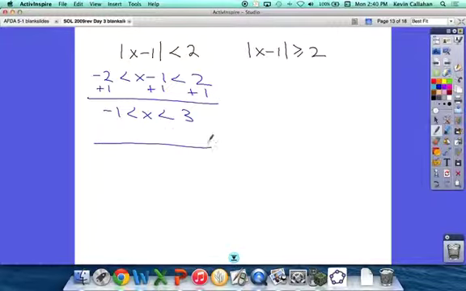Right? Now if I graphed it, we would have -1 on the left, +3 on the right. Would I use open or closed circles? Open, because it's not or equal. That means -1 and 3 are not part of the solution. So you have to use open circles. And then where does the shading go?